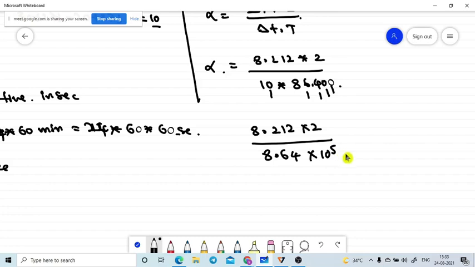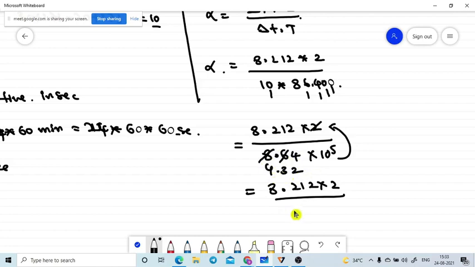Sending the power to the numerator, that is 8.2122 divided by, after cancelling, 4.32 into 10 to the power of minus 5.